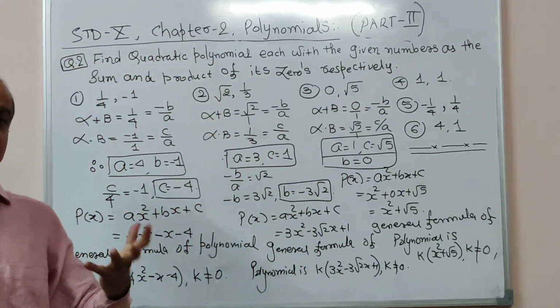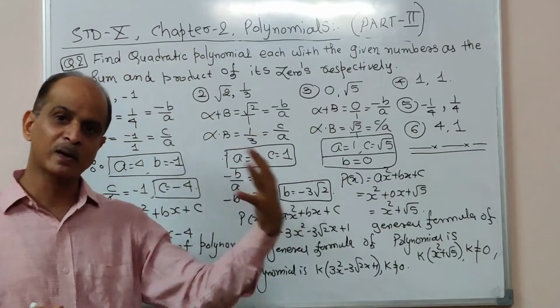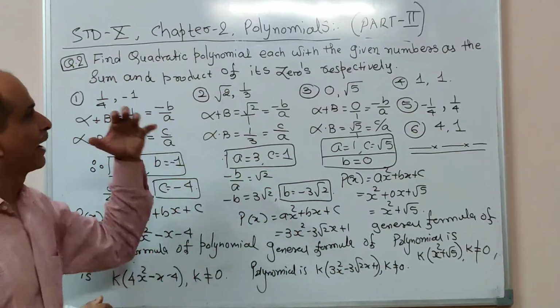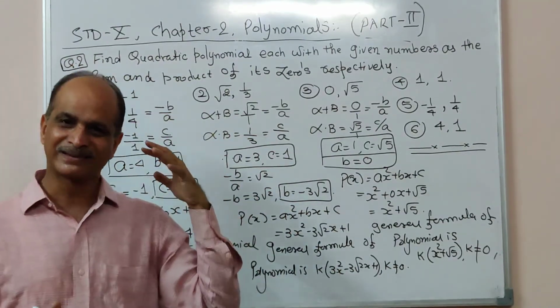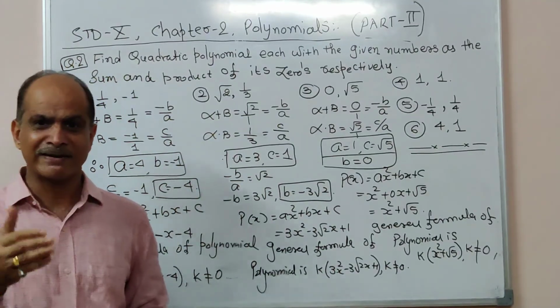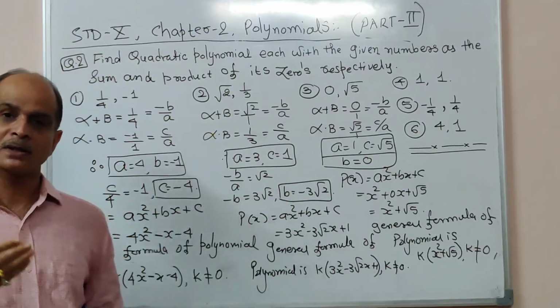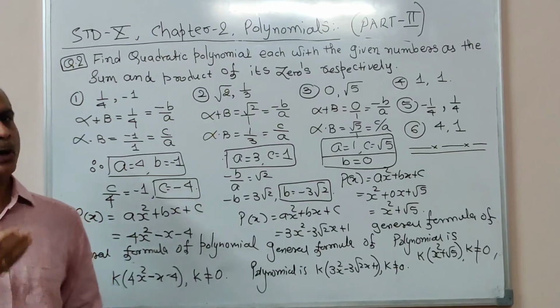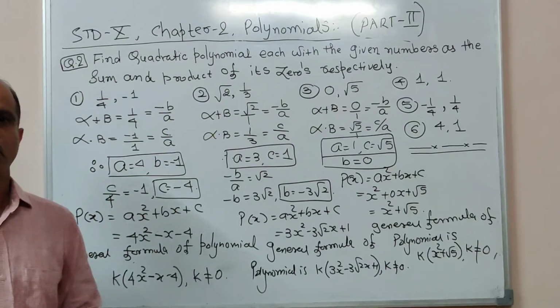So how to divide one polynomial by another polynomial? That is exercise number 2.3. So in the last and next lecture, we will solve some examples of how to divide a given polynomial by another polynomial.